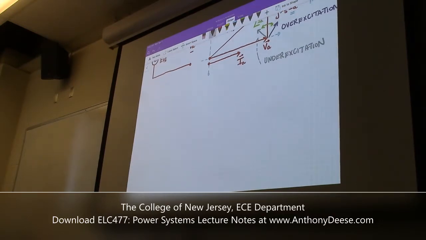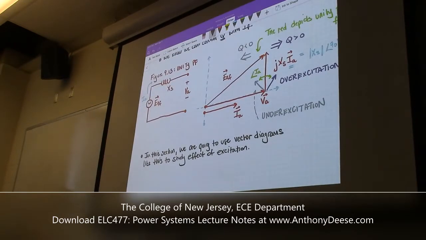So why did we draw these diagrams? In this section, we're going to use diagrams like this a lot in order to study the effect of excitation, which you can see by the purple and the gray lines begin to show.